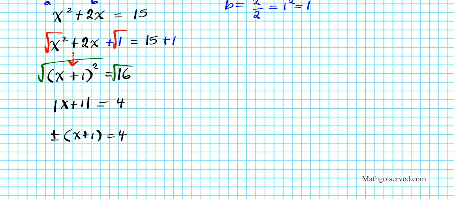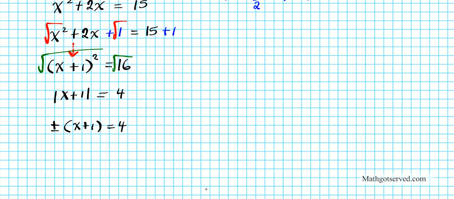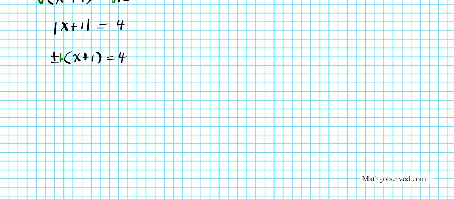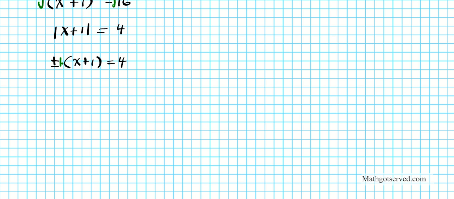Now I'm going to divide both sides by plus or minus 1 to move the plus or minus to both sides. You can imagine that there's a 1 in front. So on the left side, the plus or minus is canceled, and I'll have x plus 1 equals plus or minus 4 divided by 1, which is just 4.